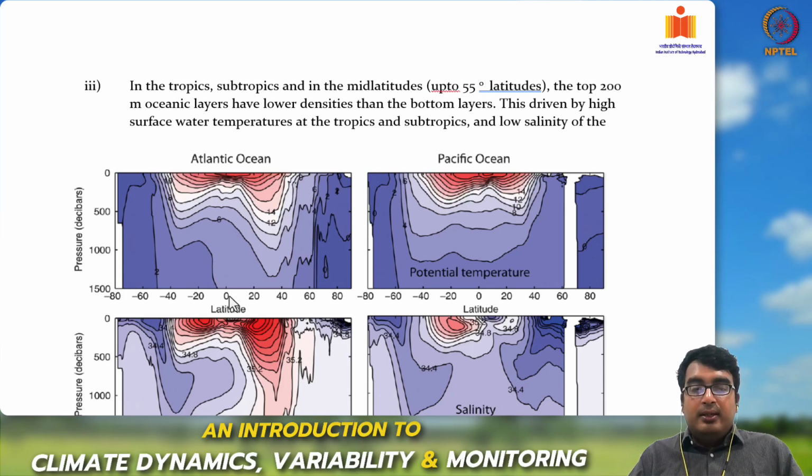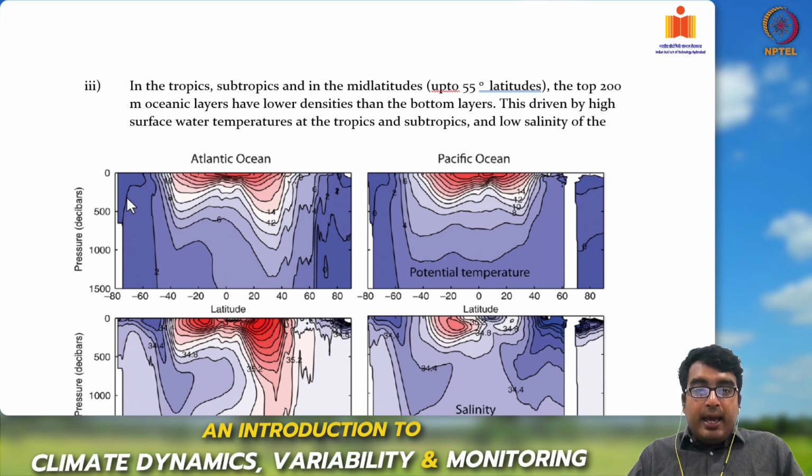So, this is equator, 20 degree north, 40 degree north, 60 degree north, 80 degree north, then the North Pole. This is the South Pole, minus 20 degree, minus 40 degree, minus 60 degree, etc. Here it is ending at minus 80 because from 80 to 90 degrees you have the Antarctic continent, so there is no sea there.